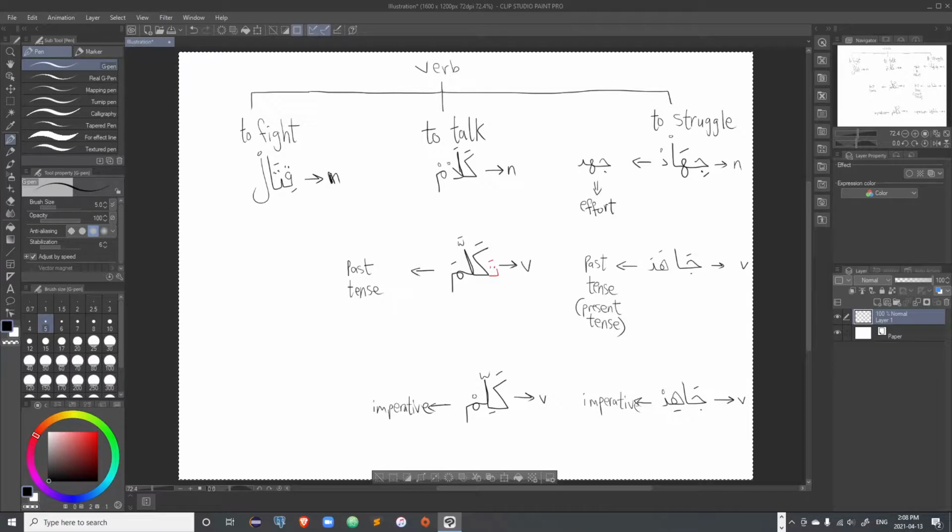It looks similar to killing, which is قتل. قتل is the noun for the verb to kill. The difference is قتل, I kill with the intention to kill.